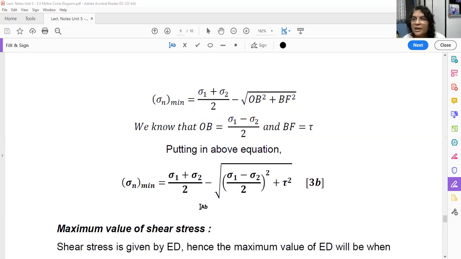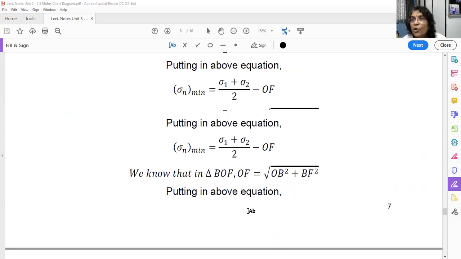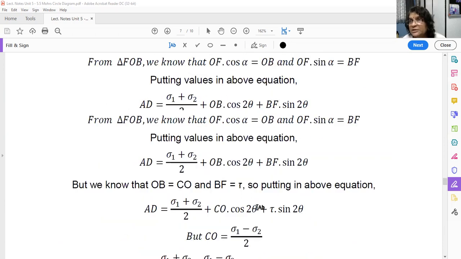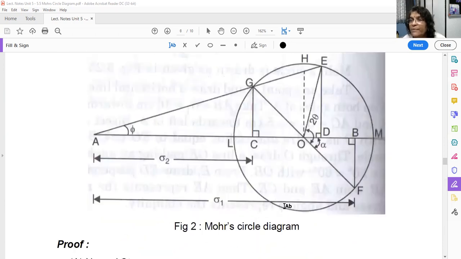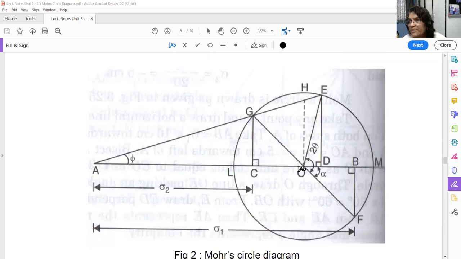Now the value of maximum shear stress, as I told you, OH, the highest point along the y-axis. OH is nothing but your radius basically. I will tell you again, OH is the maximum shear stress. It is the radius of the circle, any radius. Shear stress is along the y-axis, no? So this OH is the maximum shear stress. Now OH is nothing but the radius, so OH can be equal to OF. Now what is OF? You know OF square is equal to OB square plus BF square.